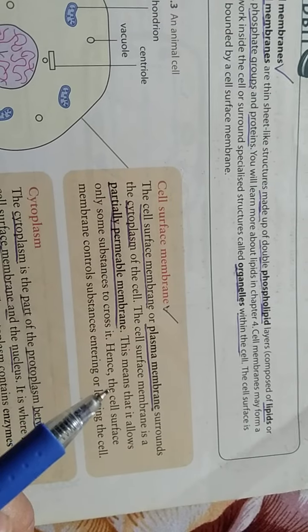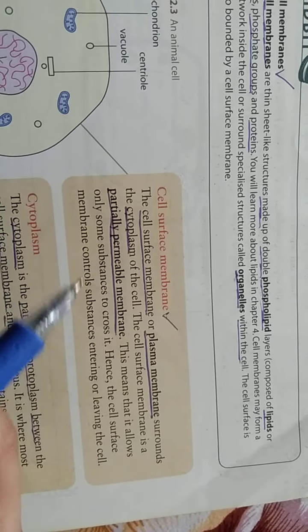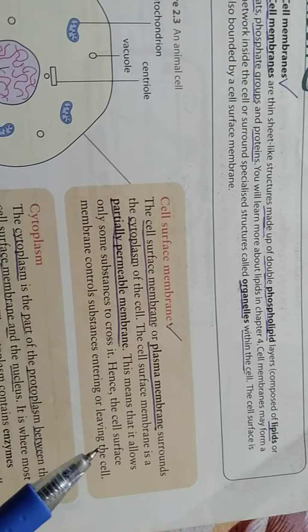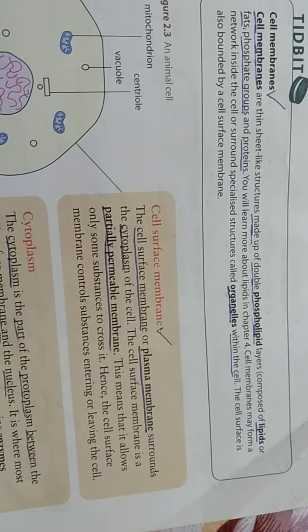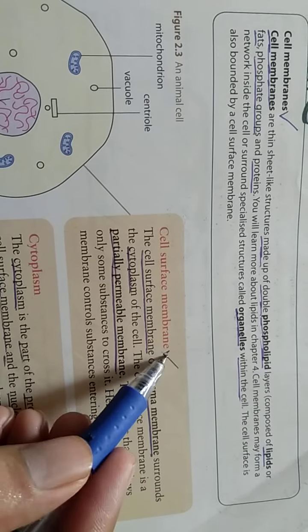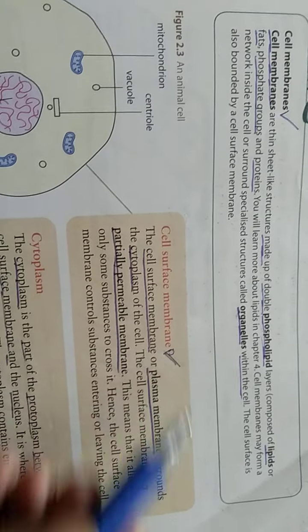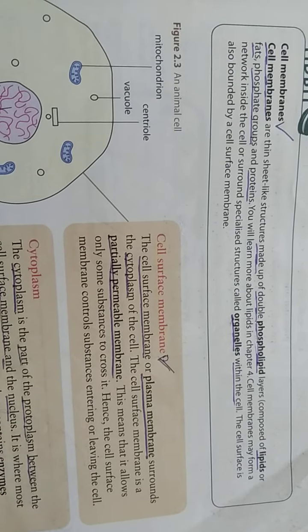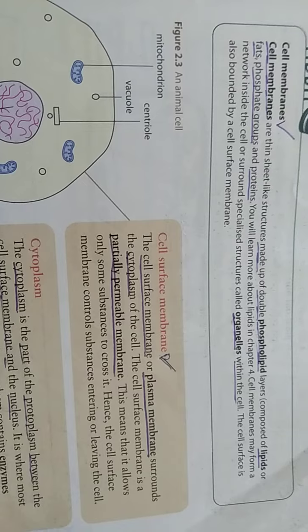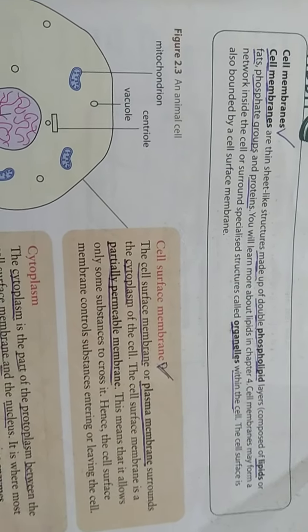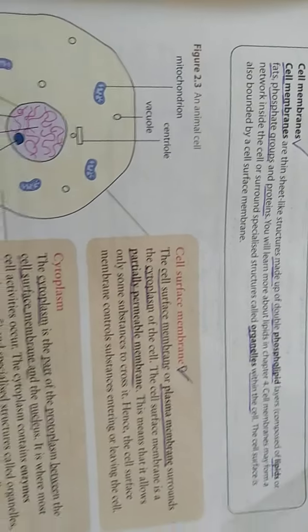Hence, the cell surface membrane controls substances entering or leaving the cell. It is a protective boundary which allows some particles and does not allow other large particles.